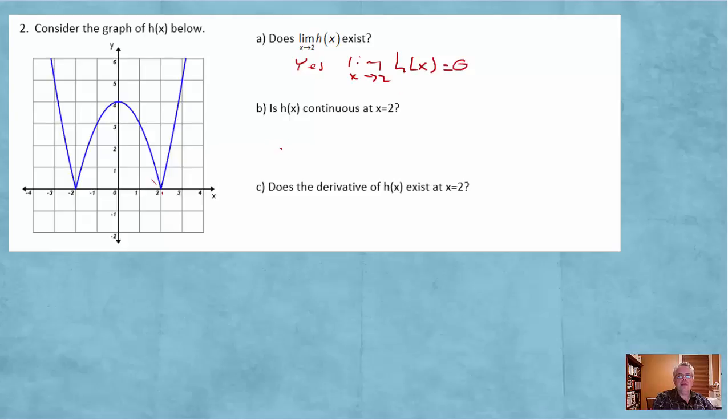Alright, now, is h continuous? Well, in order to be continuous at 2, the limit has to exist. So that's true, the limit has to exist. The function has to exist.